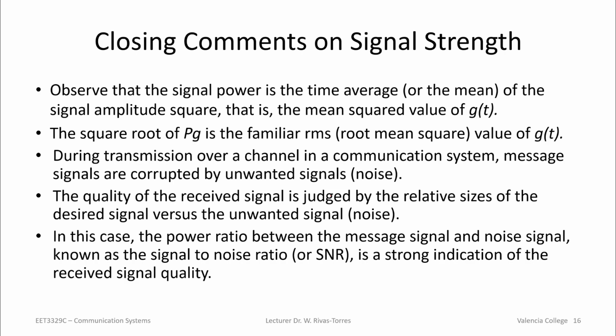If you were trying to measure the power in the lab, you always are going to have some noise, so be careful with that. When we're judging the power of the signal and you're trying to do this integral, normally we don't worry about the noise. The quality of the received signal is judged by the relative sizes, right?